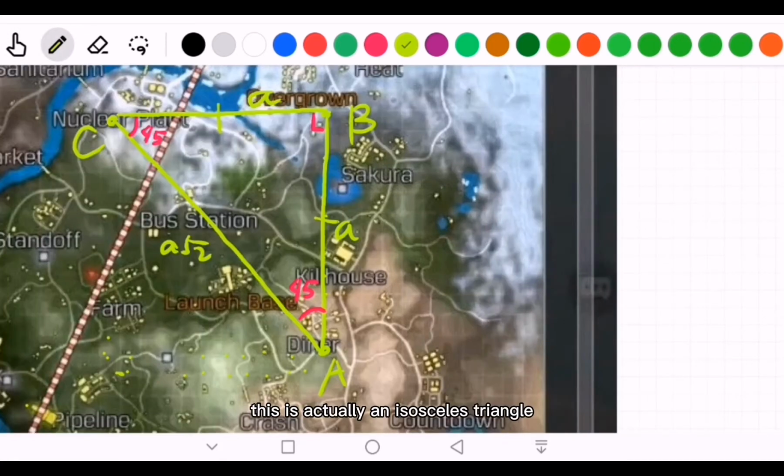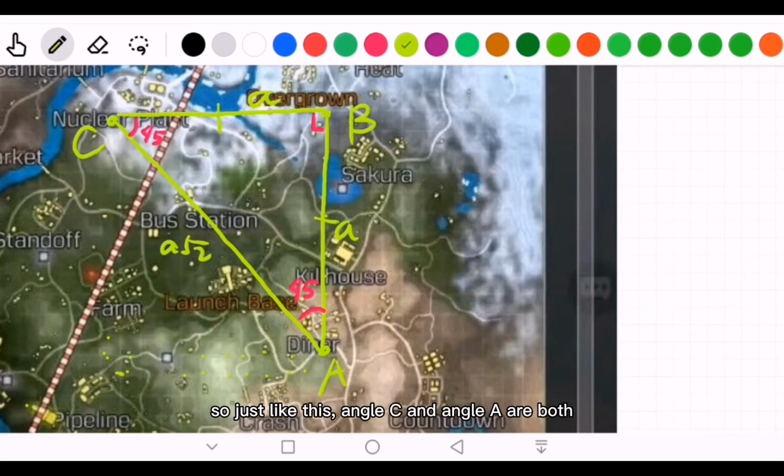This is actually an isosceles triangle wherein two legs are congruent, meaning they have the same measurement. If two sides are equal, it follows that the angles are also congruent, and vice versa. If the angles are congruent, the sides opposite them are also congruent.